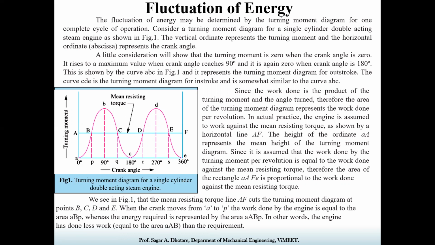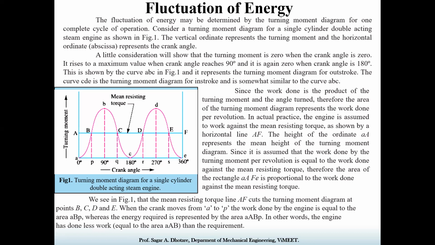A little consideration shows that the turning moment is 0 when the crank is at 0 degrees, or you can say at the starting condition. It rises to the maximum value when the crank angle reaches 90 degrees, and it again comes to 0 when the crank angle is 180 degrees.